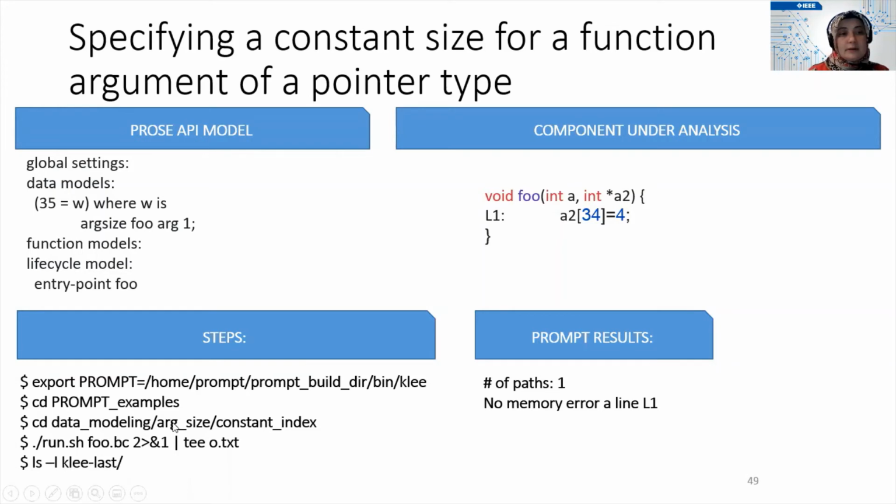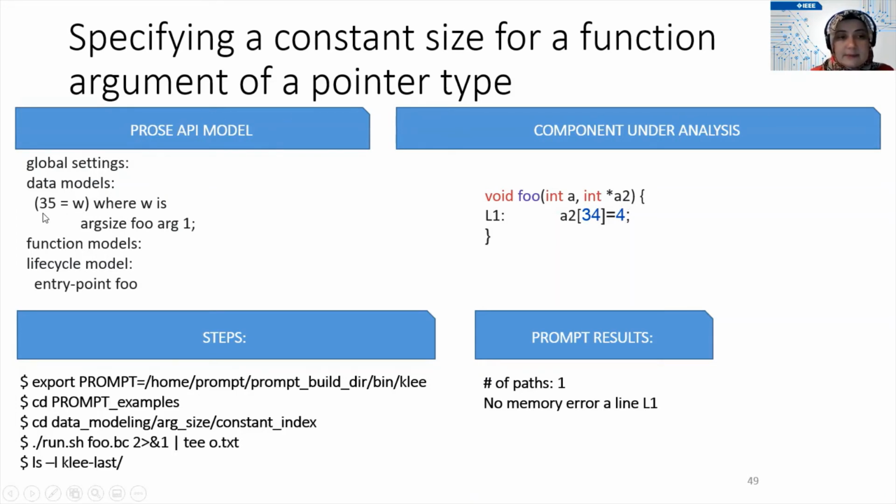Okay, so in bound constraints, one of the things we can do is refer to the size of an array type argument. In the var clause, we need to use the argsize keyword. So we have here in this example, A2 as a pointer that will be lazily initialized. So we will treat it as an array of certain size. Remember, the default size is 20.